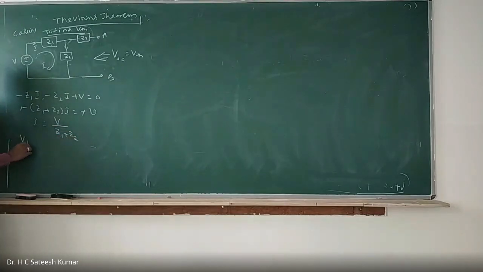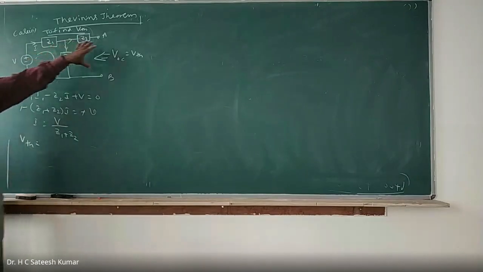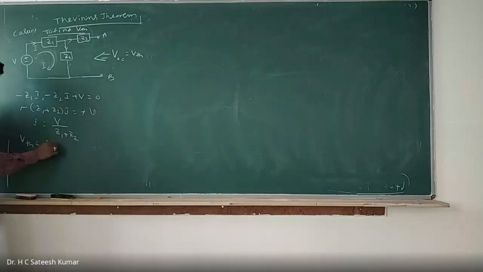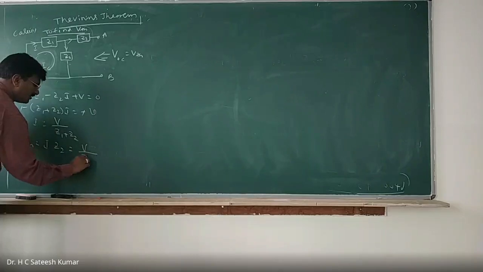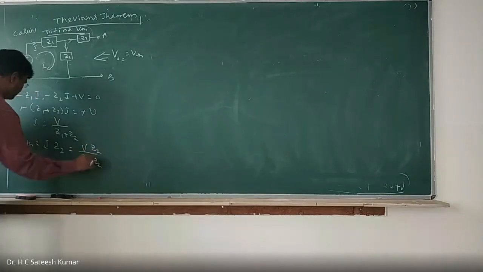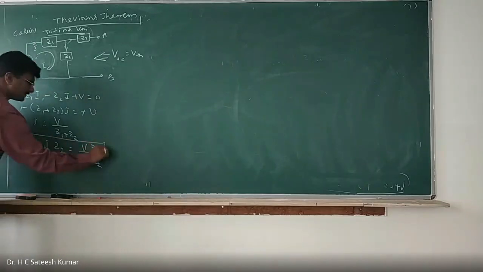So VTH is this voltage, which is current I into Z2, which is V divided by Z1 plus Z2 into Z2. This is your VTH. So we got VTH.